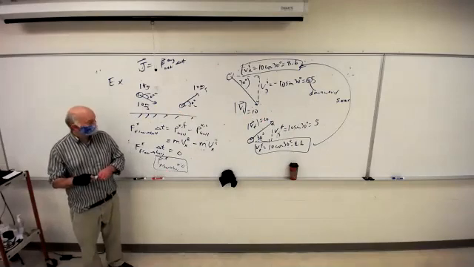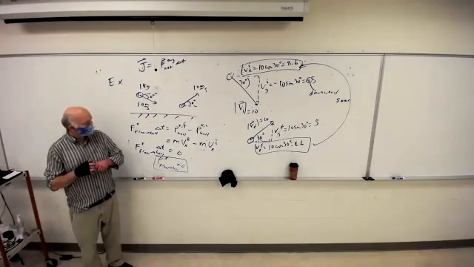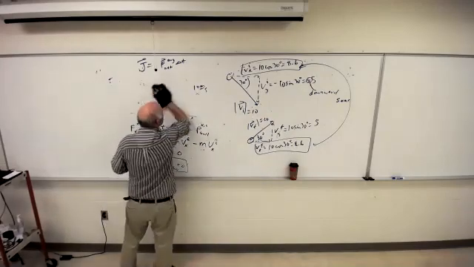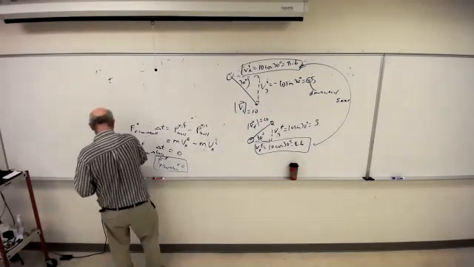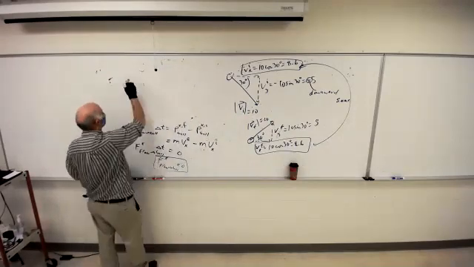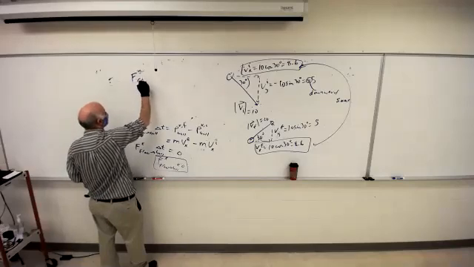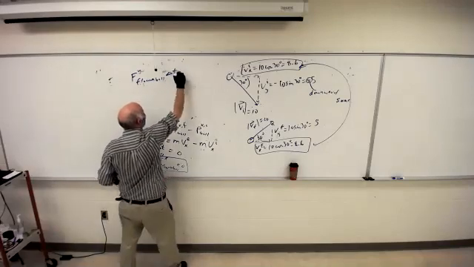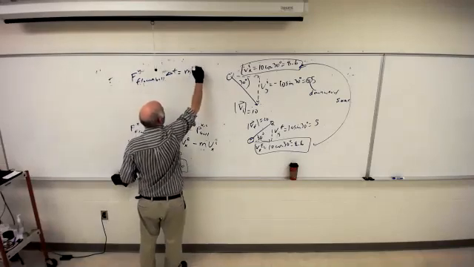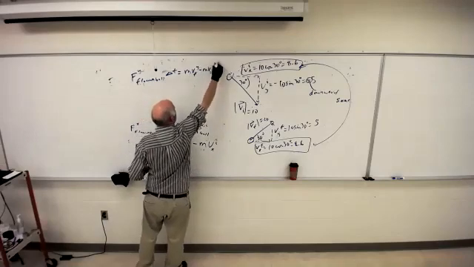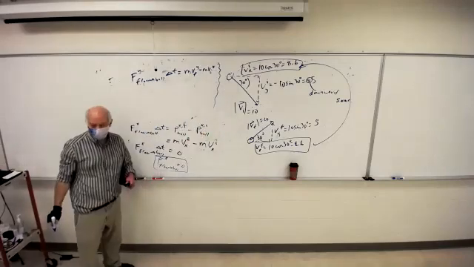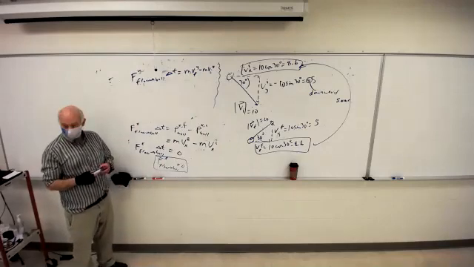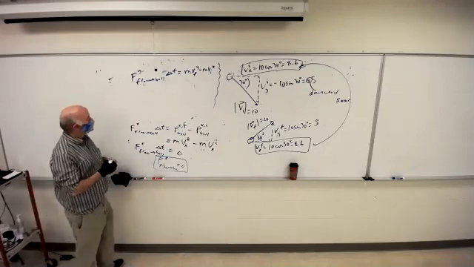Now what about the y? What do we have for that? So this would be m v final y minus m v initial y. So what do we have?